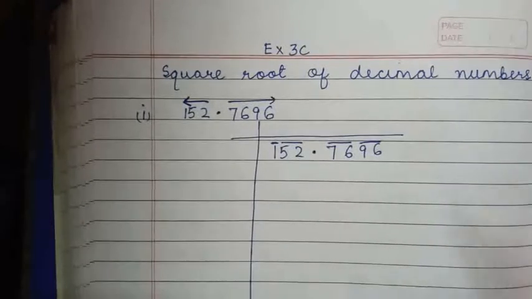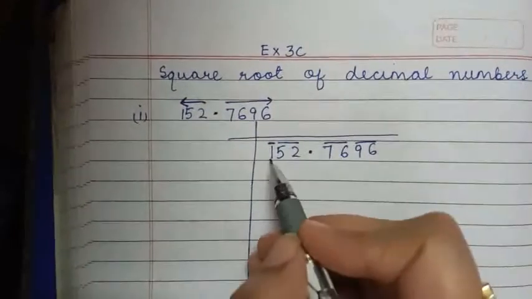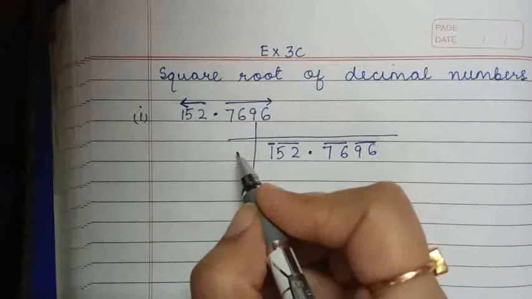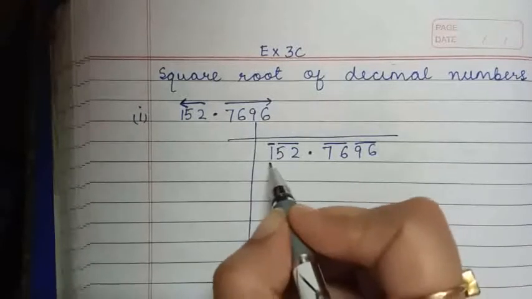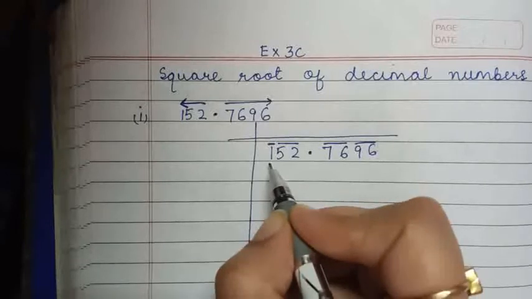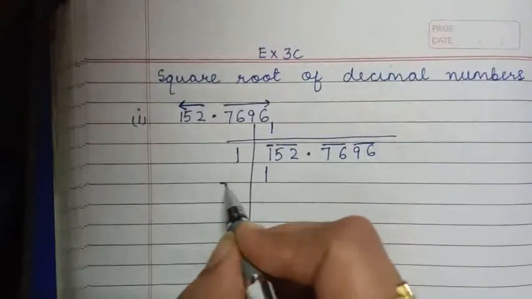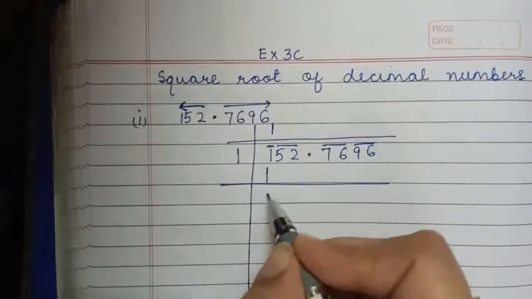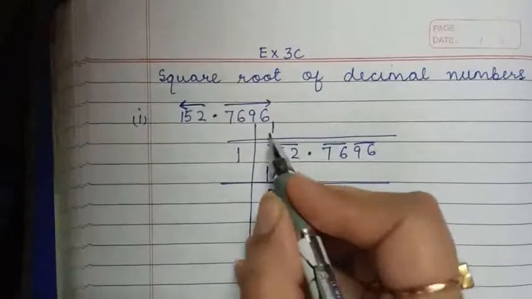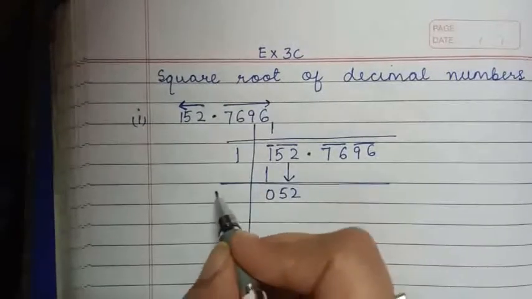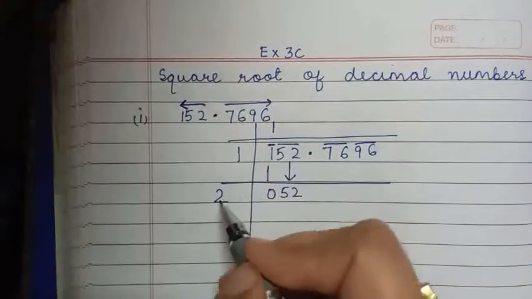Okay, now the procedure will remain the same. 1 is the first pair, so we consider a number whose product with itself gives either 1 or less than 1. So 1 ones are 1, subtract: 1 minus 1 is 0. Copy the next pair, 52. Now we copy the double of 1, that is 2.